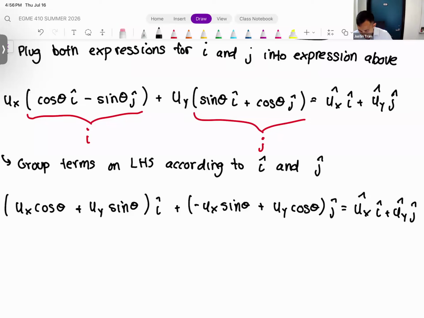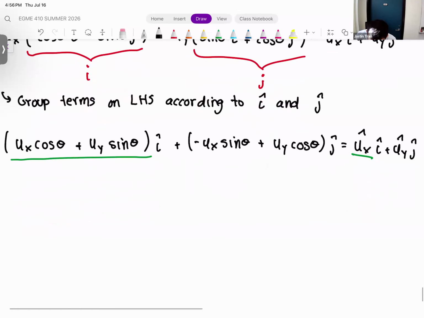Okay. So now that we've grouped it, we can set these terms equal to each other, right? Because this term in green is multiplied by i hat, and on the right-hand side we have ux hat. So we can say ux cosine theta plus uy sine theta is equal to ux hat.